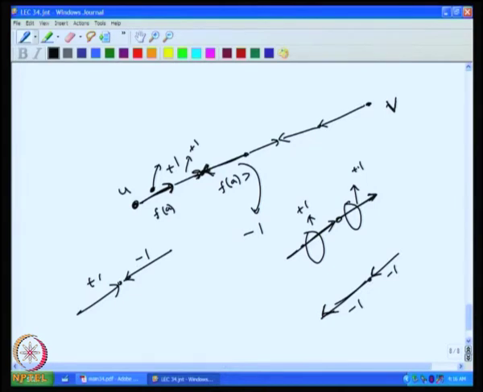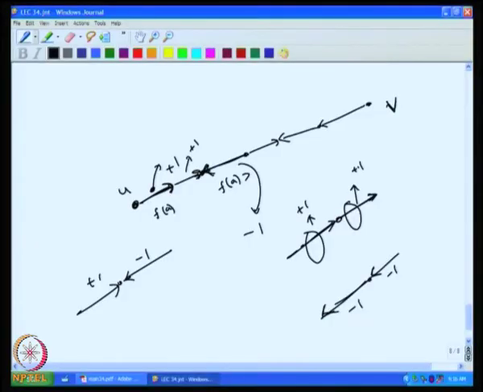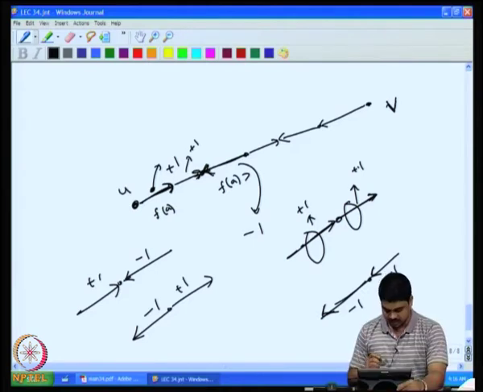So, 1 plus 1, 1 minus 1. So, the total sum on the incoming arcs is changed by 0, right. Similar situation if it is like this, both are outgoing arcs. So, this will be minus 1, this will be plus 1. So, the total sum on the outgoing arcs has changed by 0, nothing, right. 1 plus 1 and 1 minus 1.